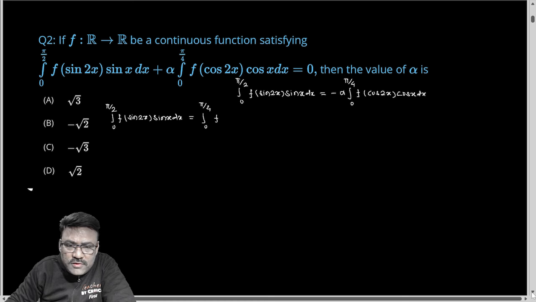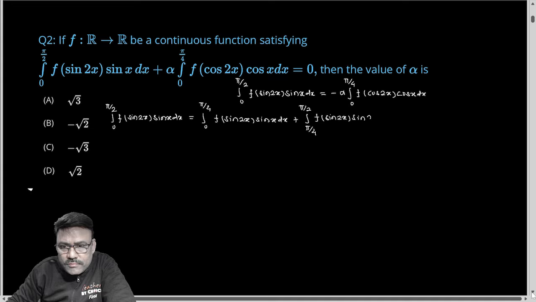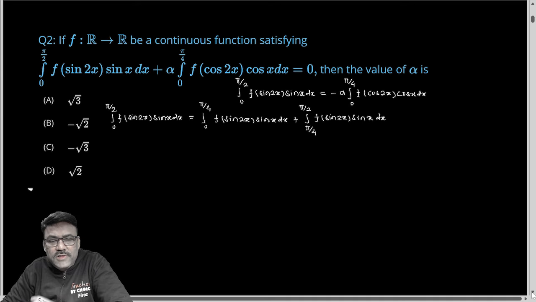So let's write it: 0 to pi by 4 f of sine 2x sine x, and the second one I am writing pi by 4 to pi by 2, same thing, f of sine 2x sine x. So I've broken this interval into two parts.